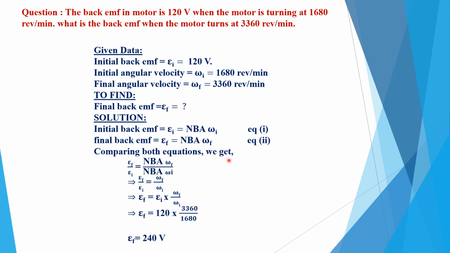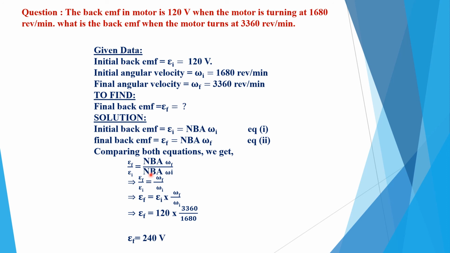Comparing both equations, we get final back EMF divided by initial back EMF is equal to NBA into omega sub F, that is final angular velocity, divided by NBA into omega sub I, that is initial angular velocity.